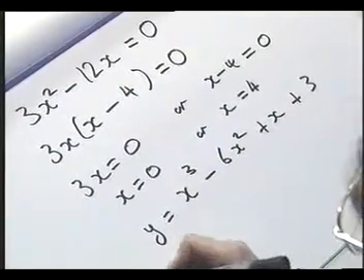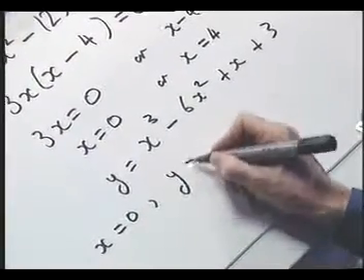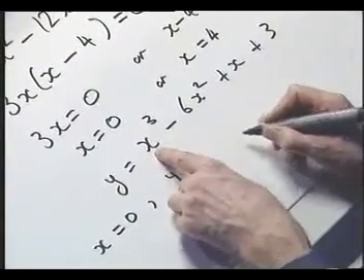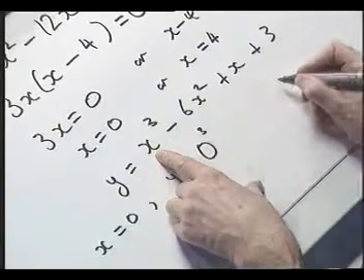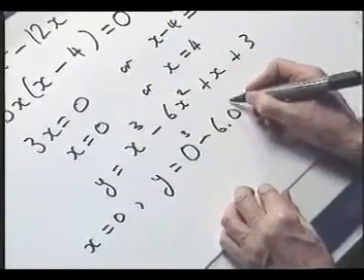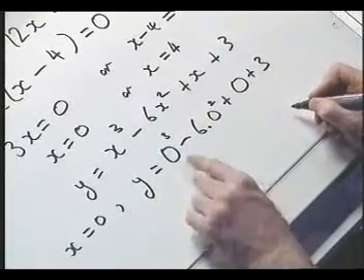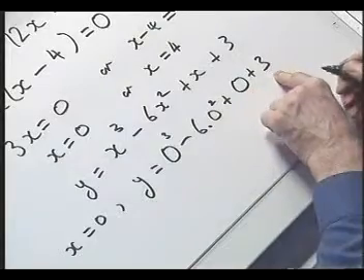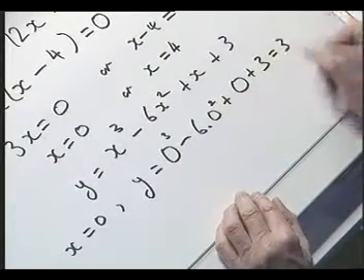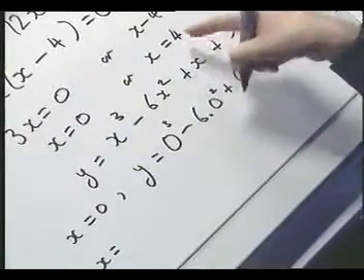And first of all, we want the point x equals 0, and so y equals, we put x equals 0, that's 0 cubed minus 6 times 0 squared plus 0 plus 3. Well, each of these three terms is 0, so we end up with 3. And x equals 4.